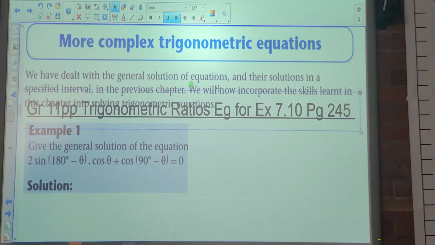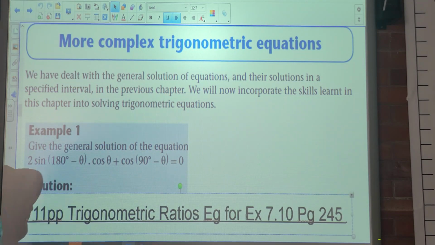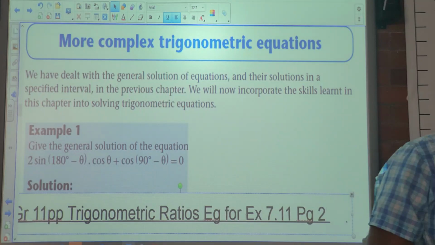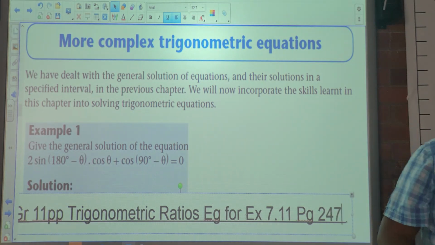Today we're looking at more complex trigonometric equations. These are the examples for exercise 7.11, which is on page 247.